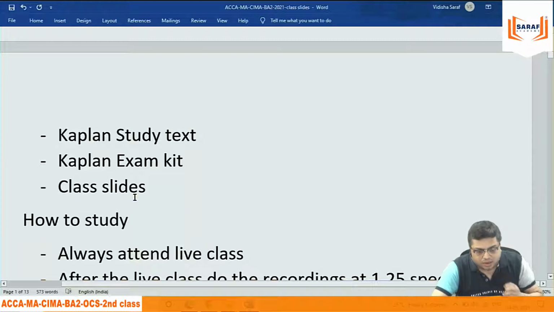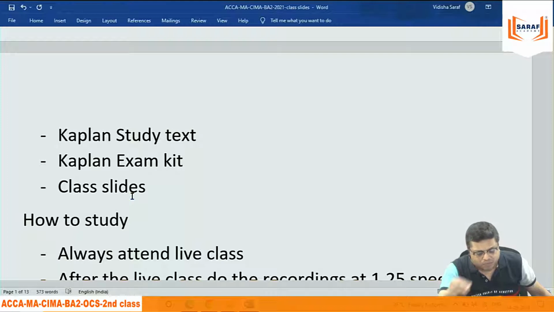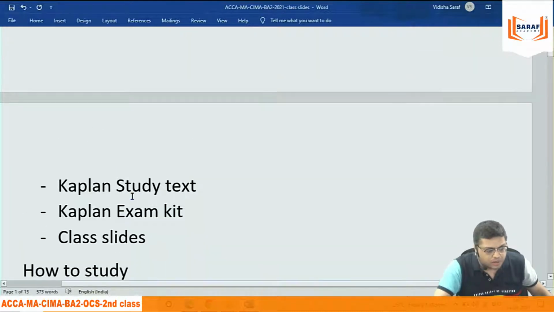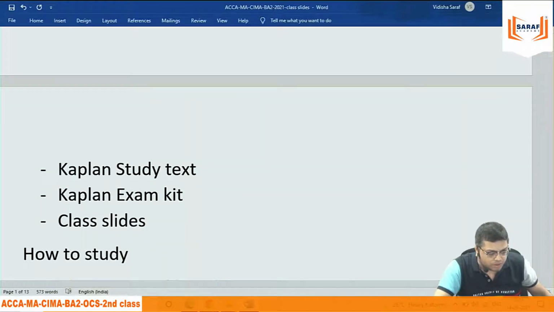Don't refer to the other notes in the Google Drive. Unless somebody says they will refer to them by their own choice, I have no problem. You can refer to any book from anywhere in the world and ask questions from anywhere. I don't have any issue, but my advice is to refer to these four.